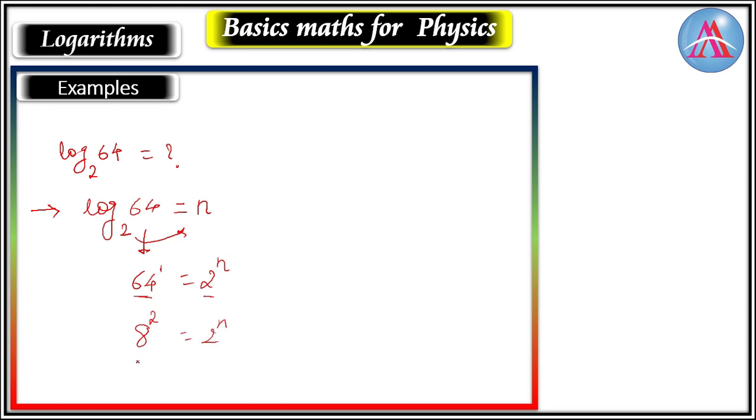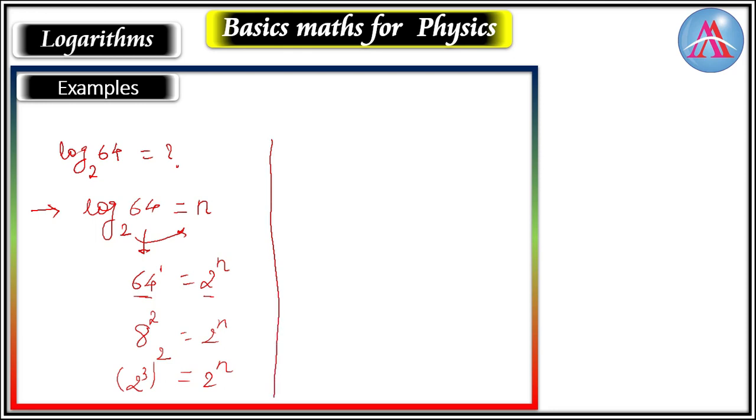Still the bases are not the same, so can you make the 8 into the form of 2? Yeah, we can write 8 as 2 to the power 3, and to the power 2 is equal to 2 to the power n.